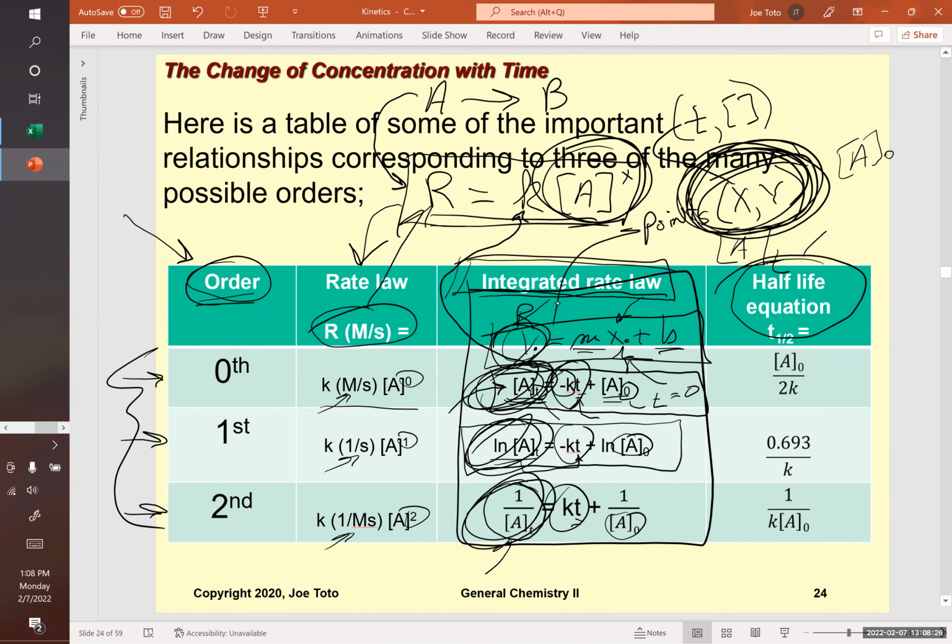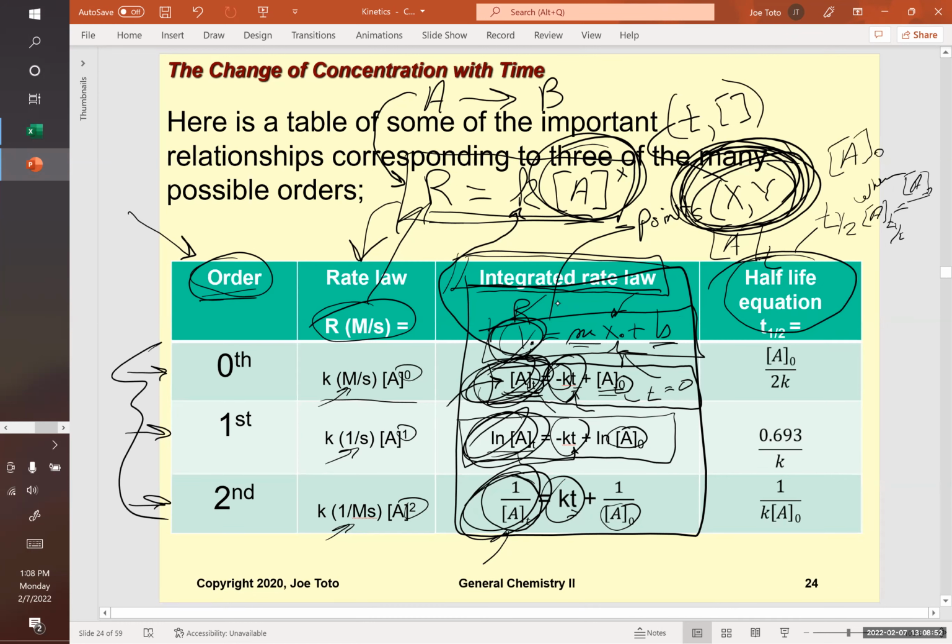Now, I want to find the time T 1/2. It's called T 1/2 because it's the half-life. That's when the concentration at that time, T 1/2, equals 1/2 of the initial concentration.